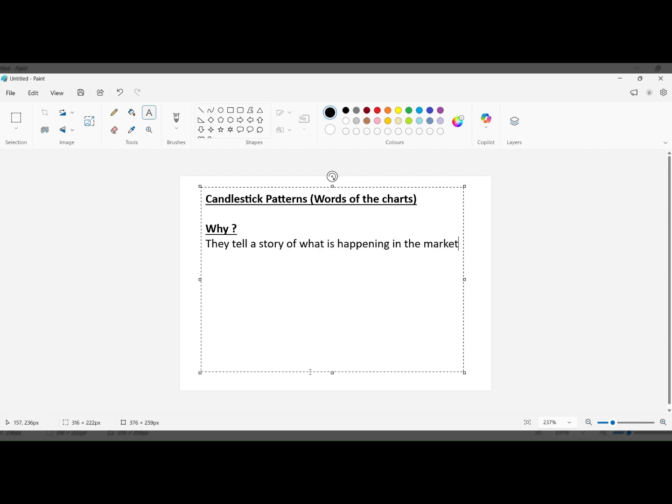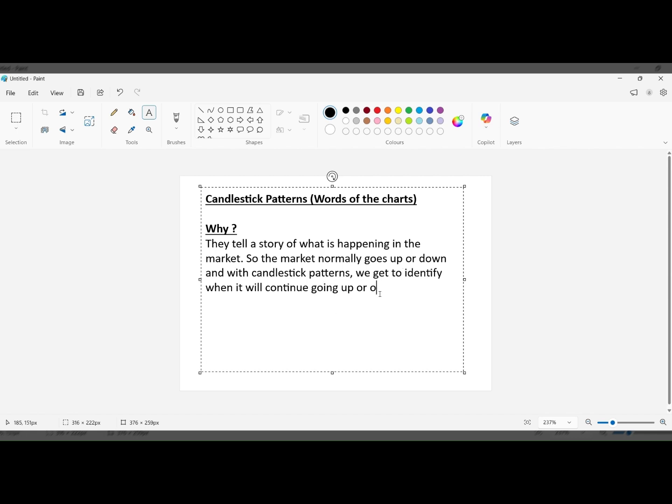The market normally goes up or down, and with candlestick patterns, we get to identify if the market will continue to go up or will reverse and go in the opposite direction, which we will touch on as continuation and reversal. There are a bunch of patterns, and we will only touch on two today.